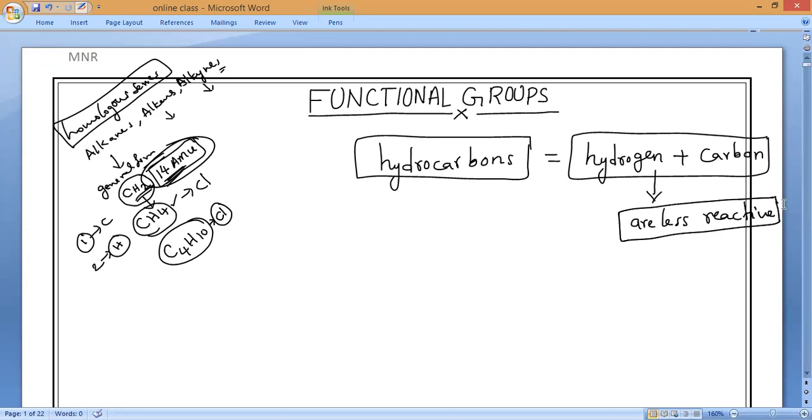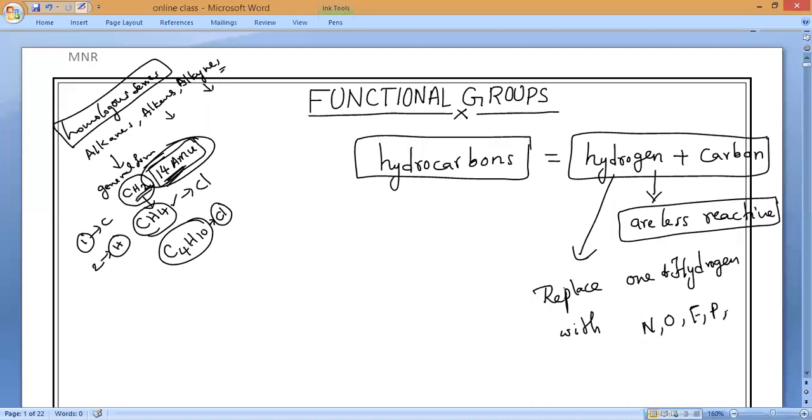Now, irrespective of the length and size of the compound, if I replace one of the hydrogens with nitrogen or oxygen or fluorine or phosphorus or sulfur, and halogens.